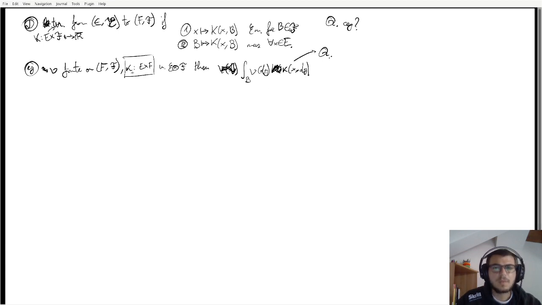Question: how to interpret this formula? What is this thing here? I don't understand it. So we have a finite measure, and k is a positive function. It's defined here, but shouldn't it be like this? And here I don't understand this integral.